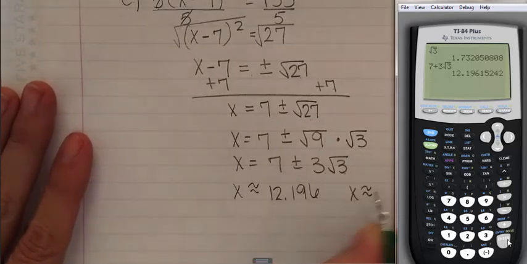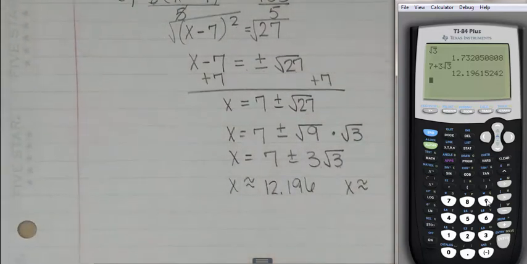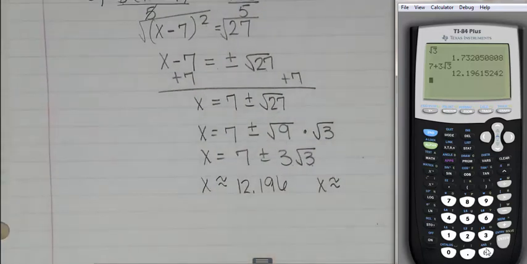And x is approximately, so now we would need to do it the other way, which is subtraction. Also, we're going to be doing quadratic formulas, so there will be a whole bunch of these plus or minuses happening in your life in the very near future. So 7 minus 3 root 3. I get approximately 1.804, let's call it.